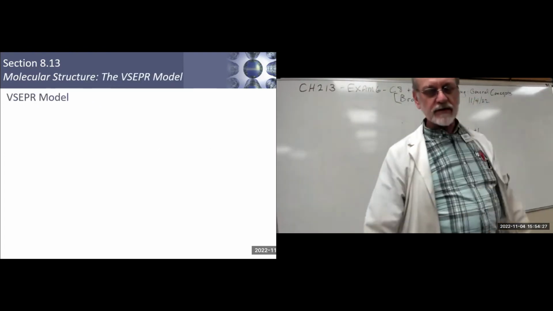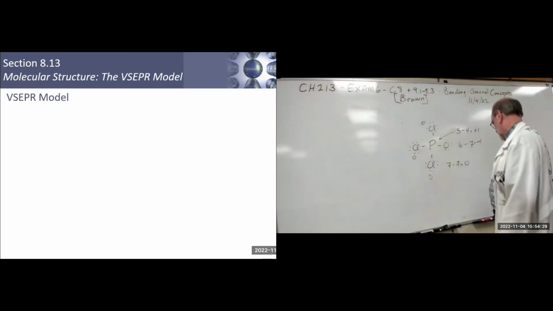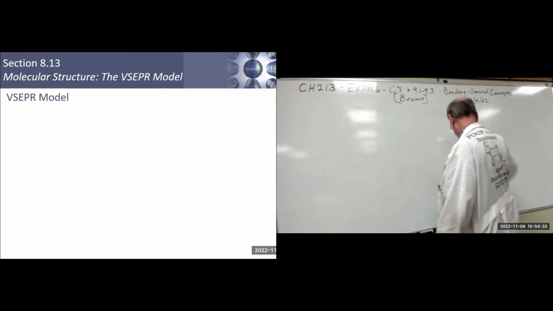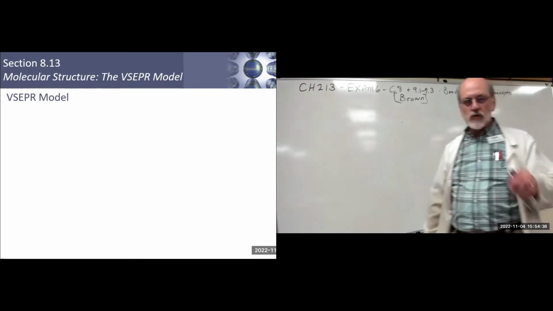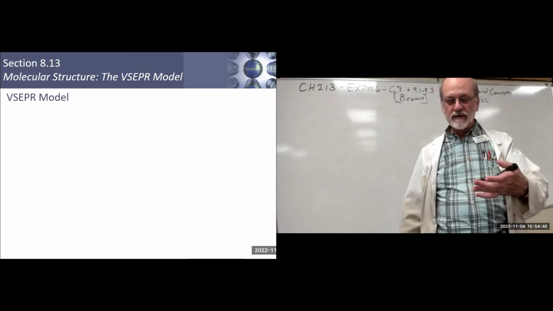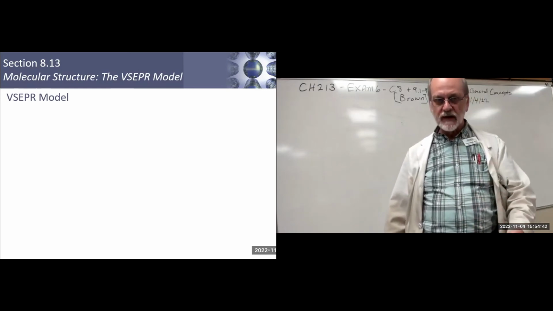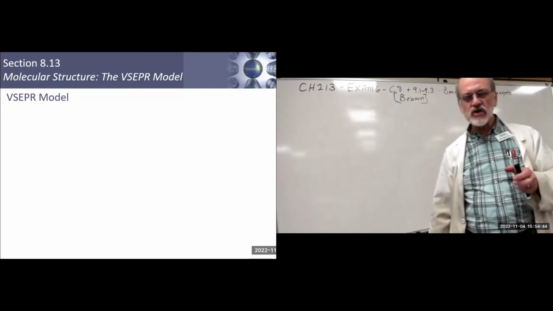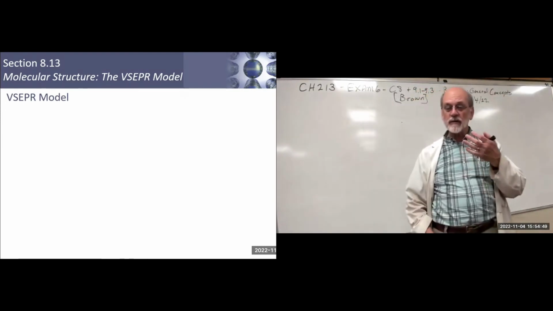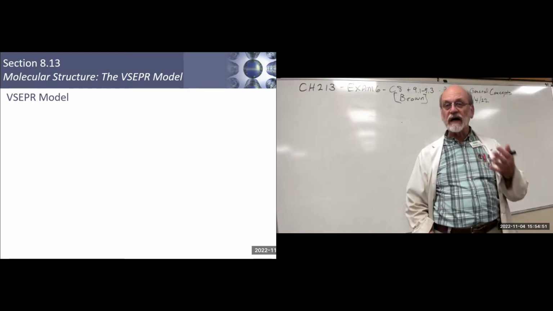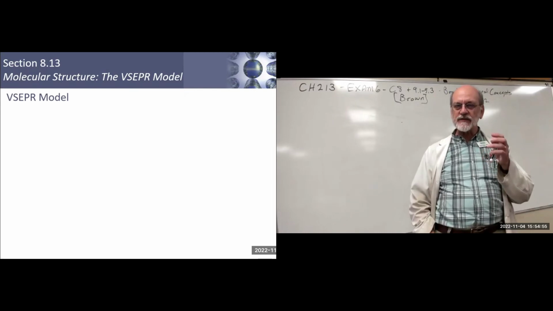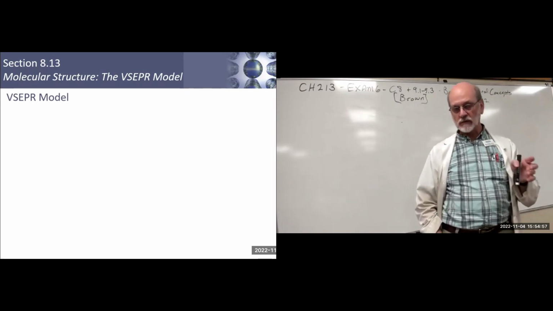All right, now we're going to get to geometry. Once you've chosen a valid Lewis dot structure that is preferred for a given molecule, then you've got to say something about its geometry, because it's simple enough to determine the dipole moment for a bond, but you need to know the geometry before you can assess the dipole moment of the molecule.